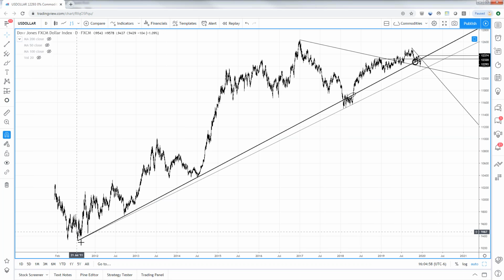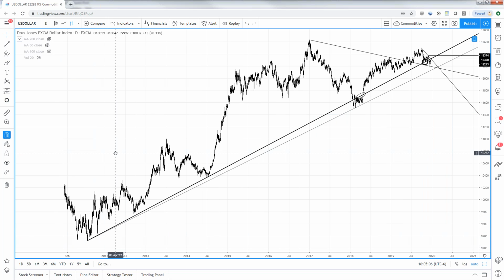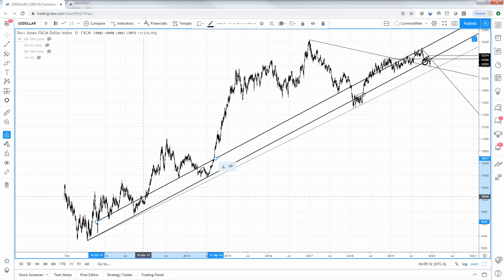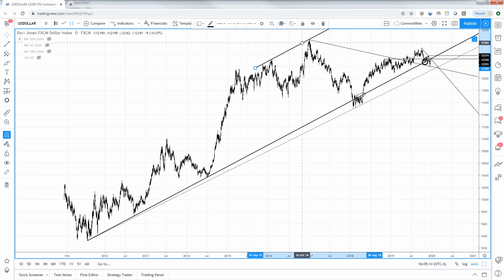But if you're looking at log or arithmetic scale, this bold line is the one that's been more important for quite some time. And if you remember, it also was the parallel that identified the top way back here, right? When you went off of those highs there, it hit that high.